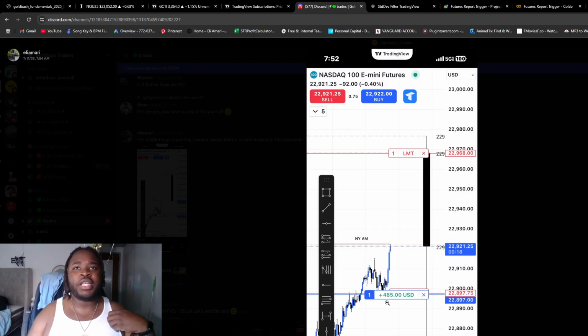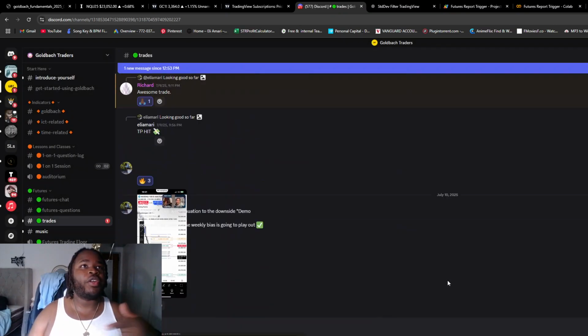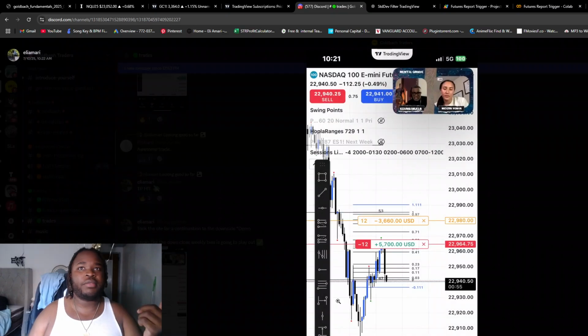This entry is the same logic, right? I'm waiting for a certain range to be tapped into my 53 to 59 or the 50. As soon as it taps, I got a top tick to the move upwards, right? And these are just trades that we just take over and over and over again, right?